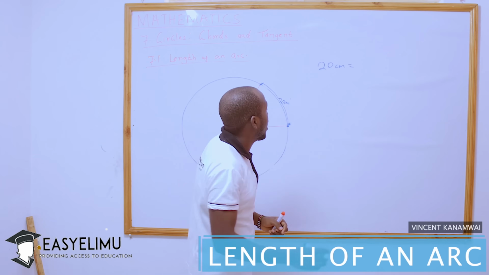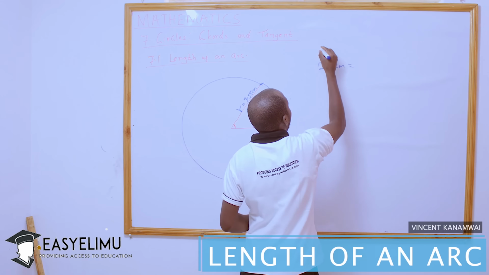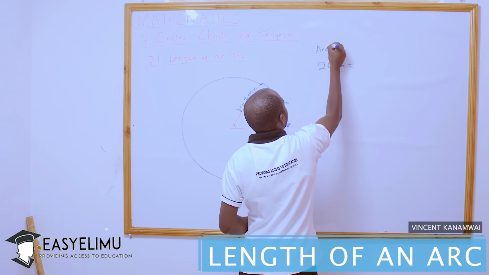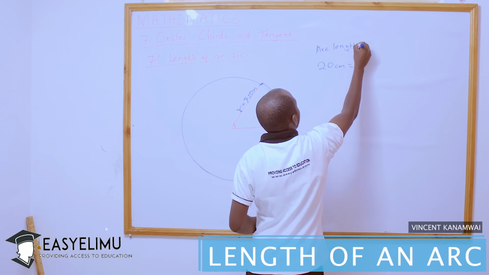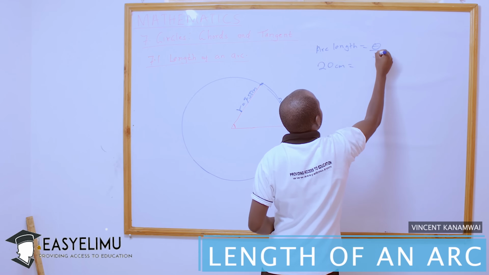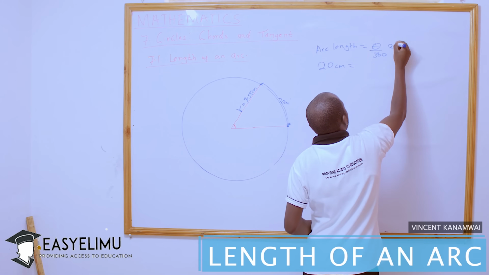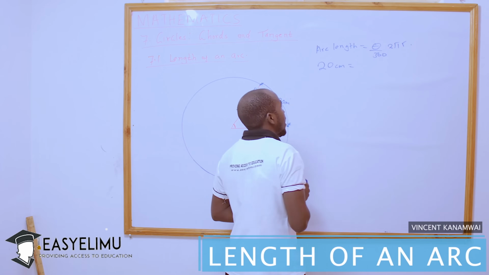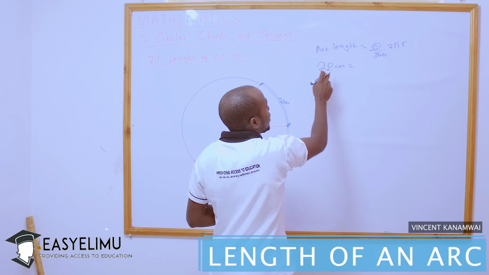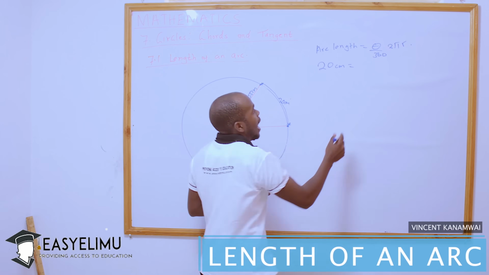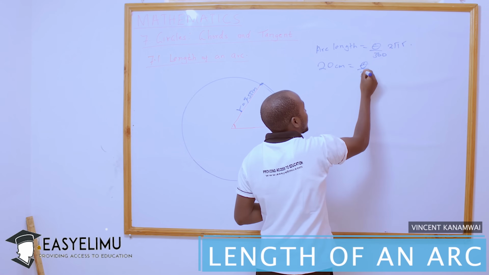First, let's give the formula. The arc length is given by theta, which is the angle subtended by that arc at the center of the circle, over 360, multiplied by 2 pi r. Here we have 20 centimeters as our arc length, and theta we don't have, that is what we are seeking.